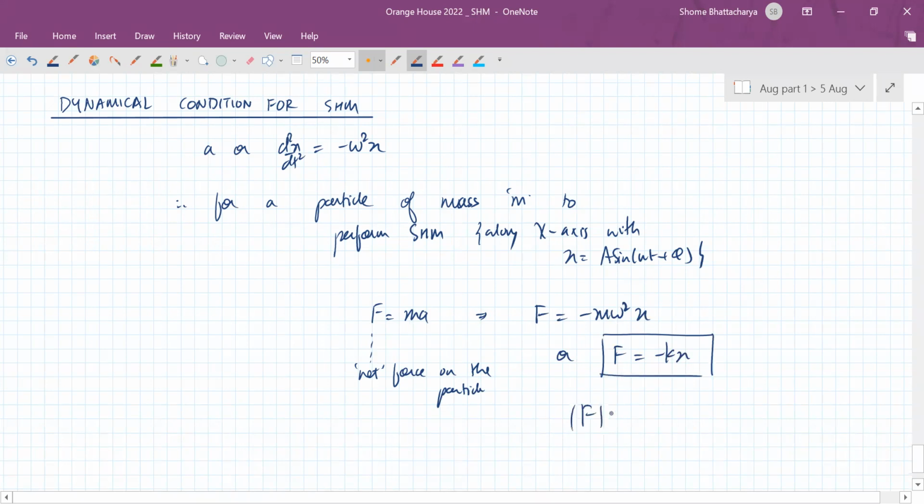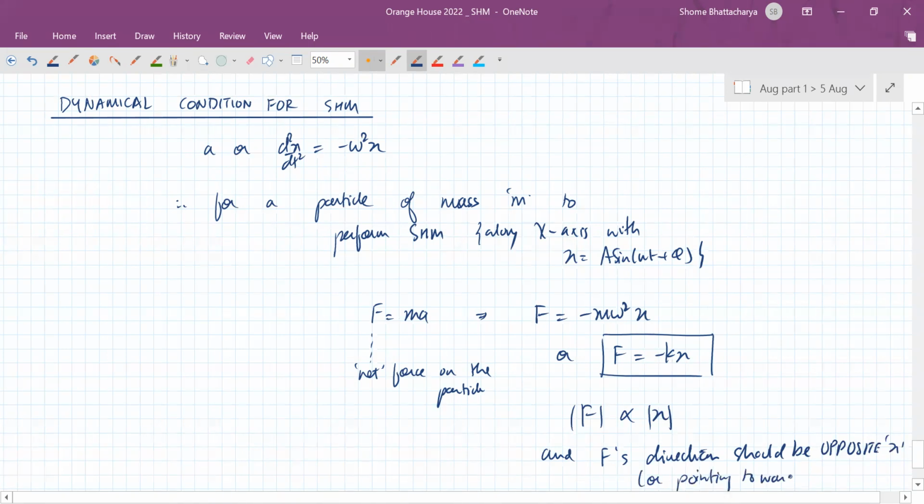So the magnitude of the force should be proportional to displacement, and the direction should be opposite to the displacement, or pointing towards the mean position, where the quantity k is equal to omega square m. It is called the force constant.